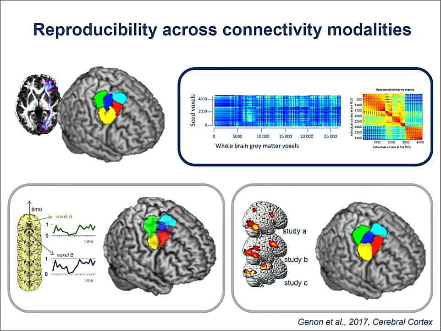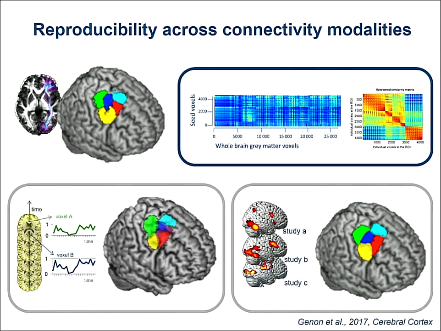We also did that based on task-based activation data, so meta-analytic connectivity modeling, and we also found a similar organization. So across different connectivity modalities, we always find this organization along an anterior, posterior, and ventrodorsal axis. So it gives us some confidence in the biological validity of connectivity-based parcellation, even though we can never be certain that it is biologically valid, what we get out of there.